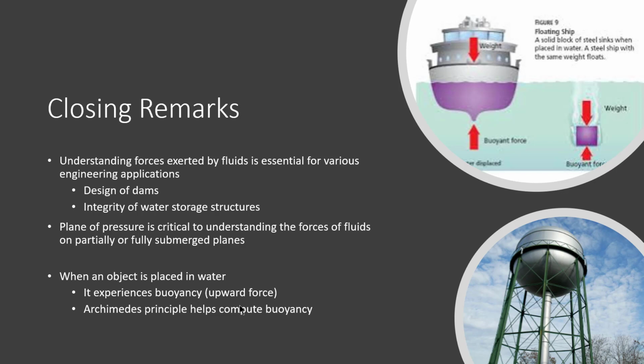That's because it's not displacing a lot of volume. The volume of the water displaced is equal to the volume of the submerged portion of that ship. So by displacing a lot more water, the ships are able to float, whereas a steel object that has a much smaller volume is going to sink under its own weight.